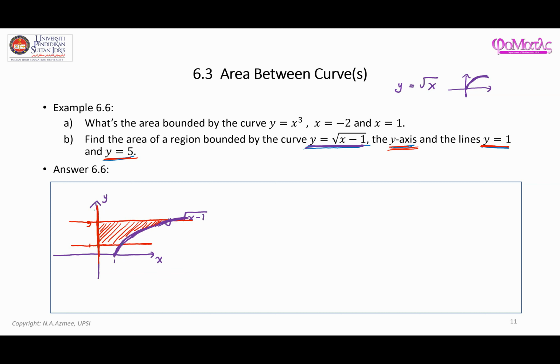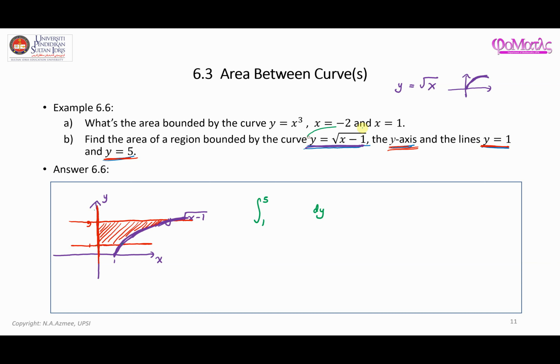So we are looking for this area, and therefore it is easier to integrate with respect to dy instead of dx, and the limit for y is between 1 and 5.